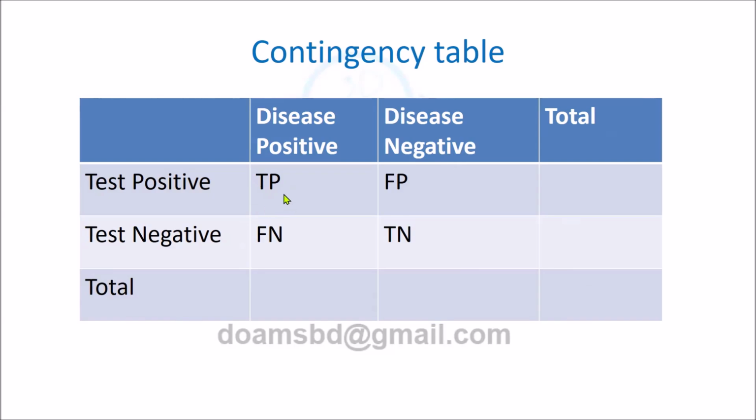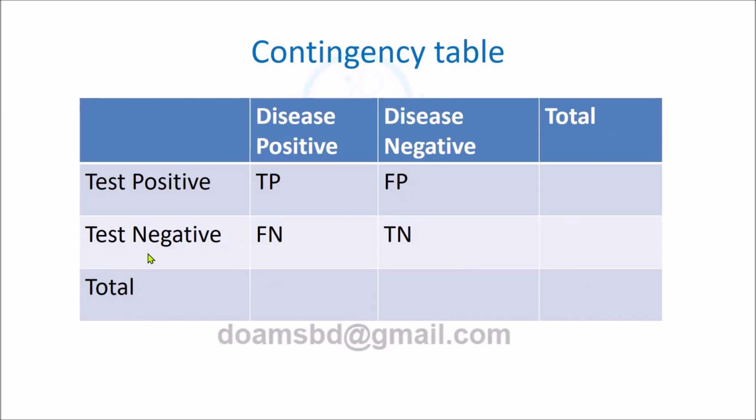You are suspecting rheumatoid arthritis, but it may not be rheumatoid arthritis. For example, in a few patients with rheumatoid arthritis, this test will be positive, no doubt. But rheumatoid factor can also be positive for people who don't have the disease. And this number will be called the false positive test result.